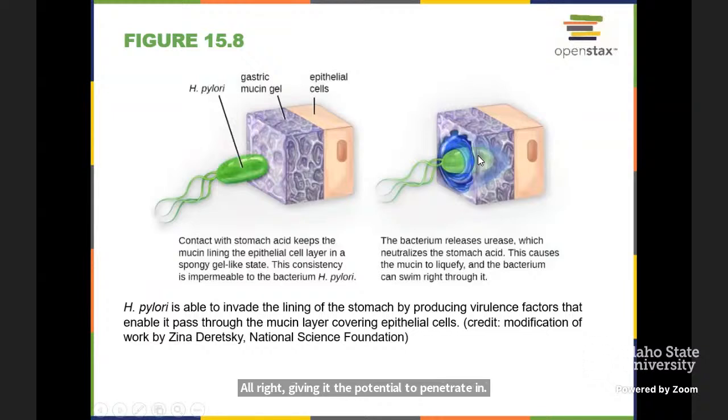As this is all occurring, probably some other enzymes, like maybe mucinase, allow it to liquefy that thick layer of mucin. And then we've got an open area where the stomach acid potentially is now making contact with these cells.